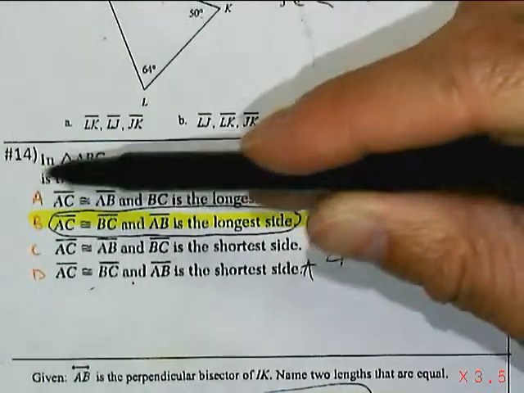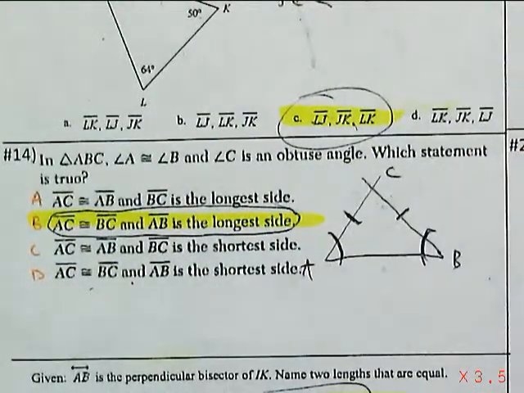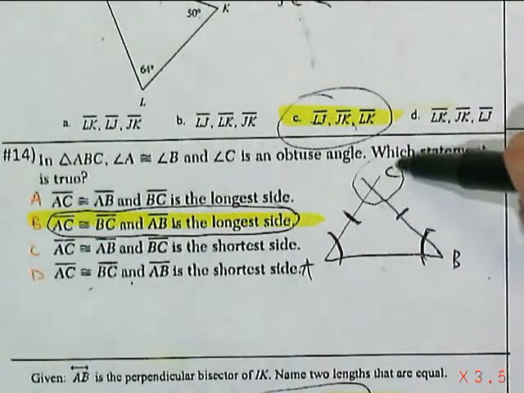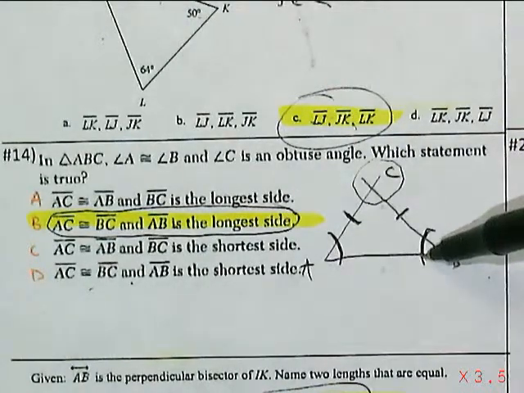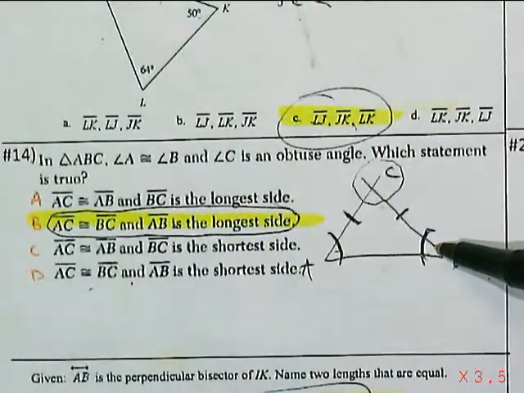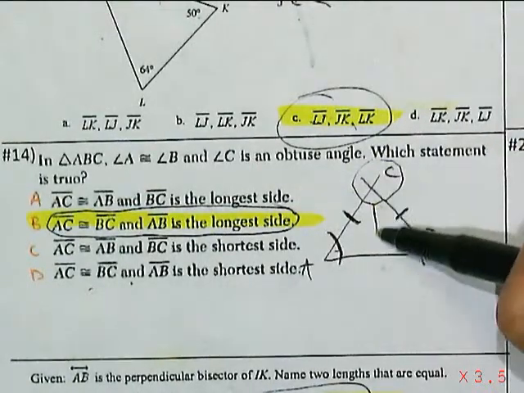Which statement is true? Well, I have an isosceles triangle. And if this is greater than 90, this means that these two angles have to be smaller than 90 degrees. So that means that these are both acute, which means across angle C is AB.